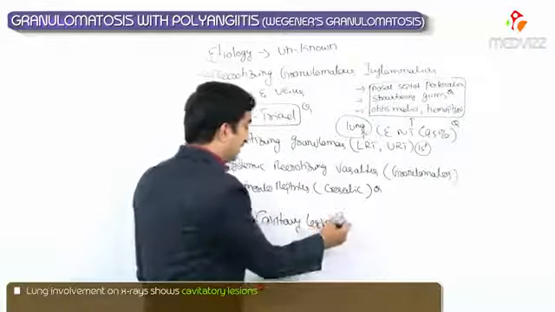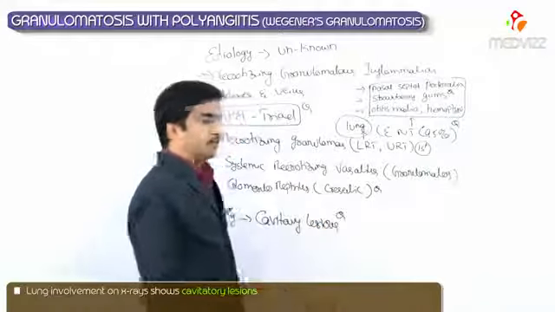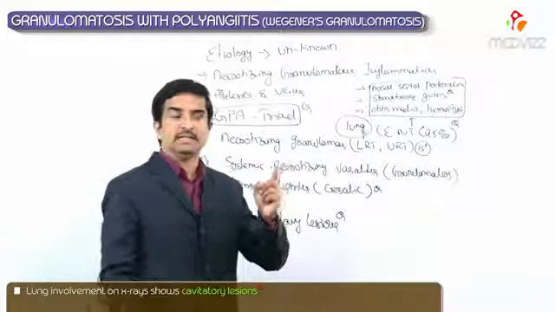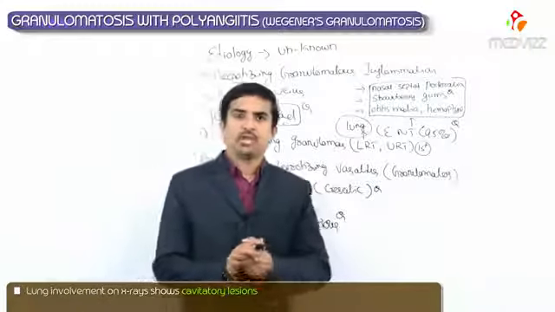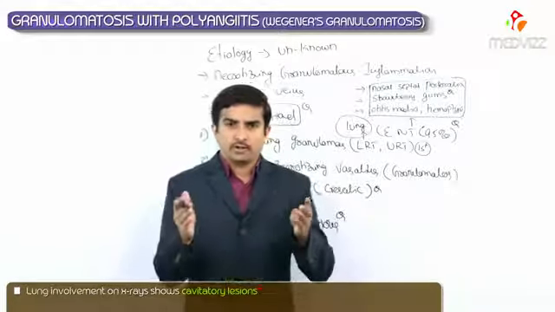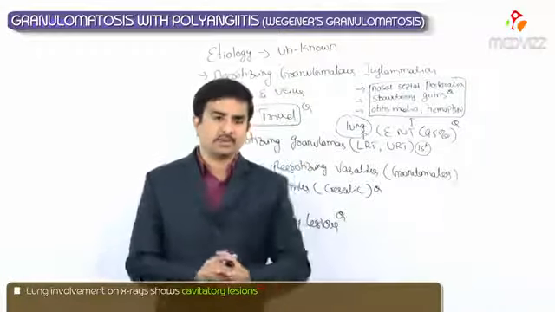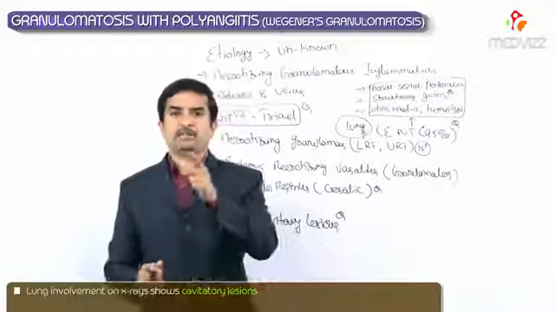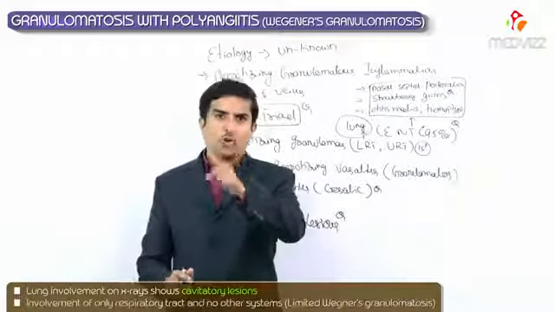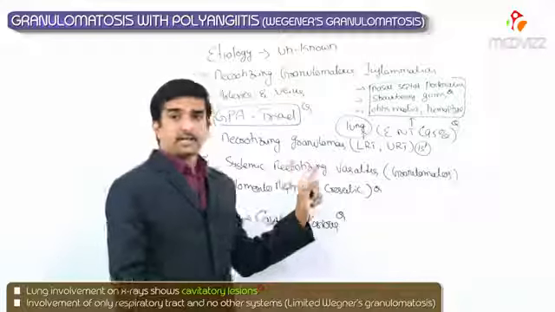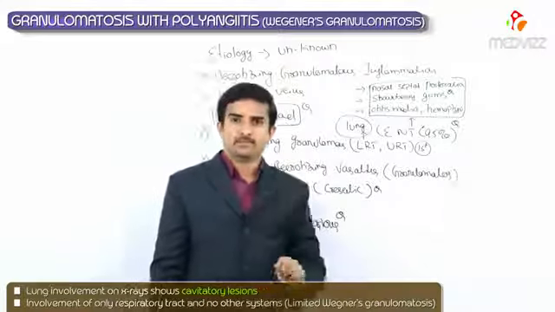What you will see here is an important MCQ point because of the formation of the granulomas in the lung. Whenever we talk about less severe forms of Wegener's, that is limited Wegener's granulomatosis, it is characterized by involvement of only the respiratory tract and no other system.